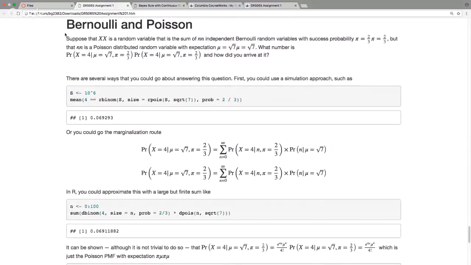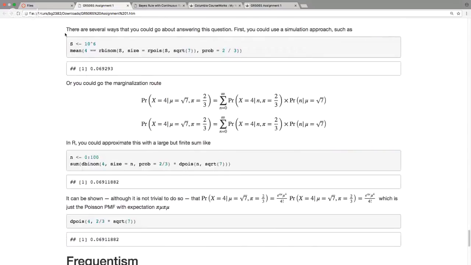Bernoulli-Poisson question: several ways you could go about doing this, but basically you have to do marginalization. So you could just do a lot of simulations from Poisson and see how many times they sum up to 4. You could explicitly do the marginalization aspect of it, in principle summing from 0 to infinity, but actually, if you only have like 3 Bernoullis, there's no way that can sum up to 4.